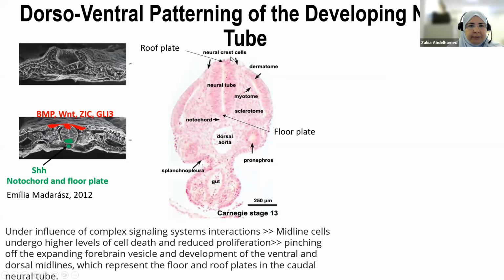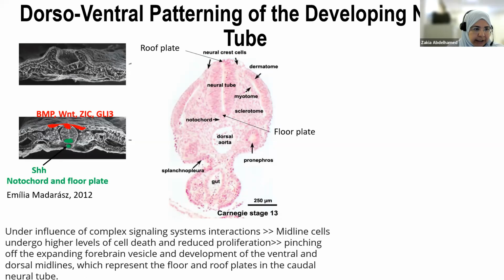So how do the dorsal and ventral midline develop? During neurulation and formation of the neural tube, we know that the neural plate has to form a neural groove and then fuses to form the closed neural tube. Here I'm talking about the caudal neural tube.